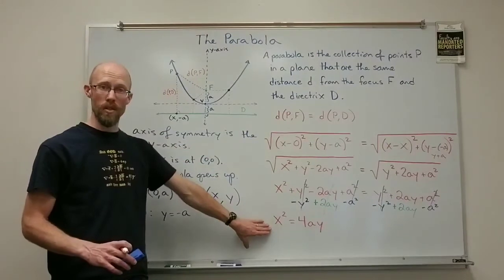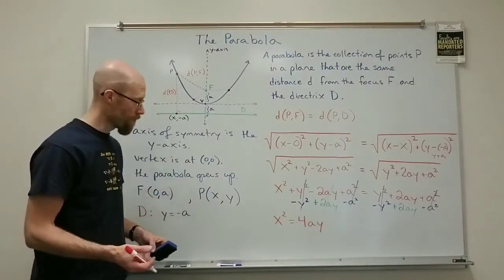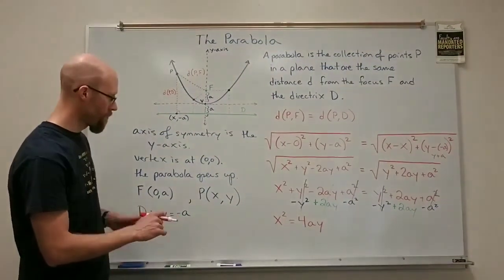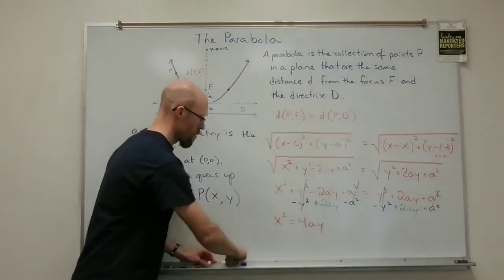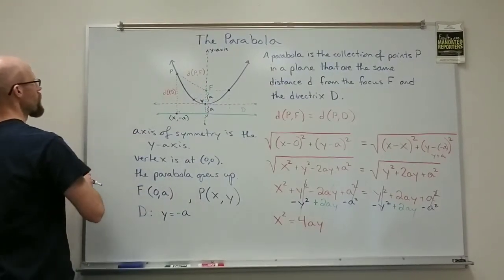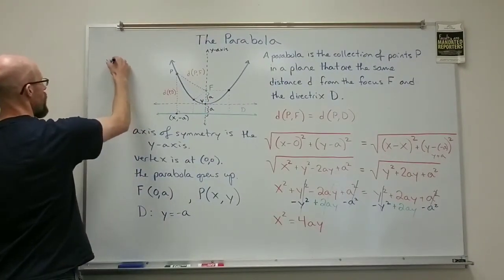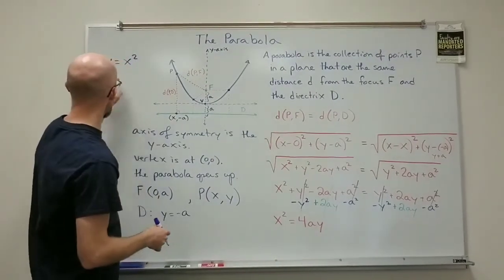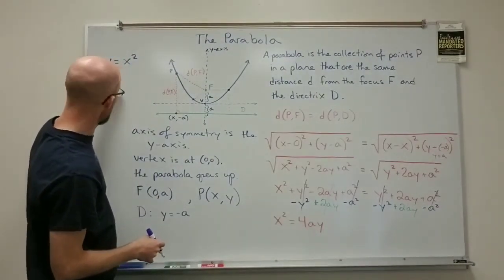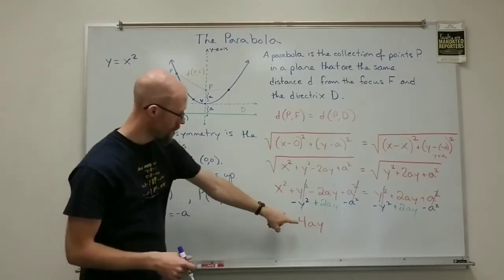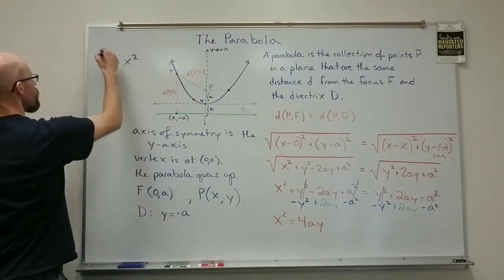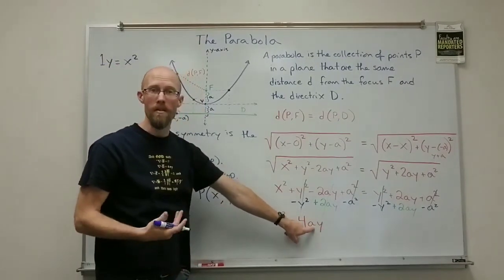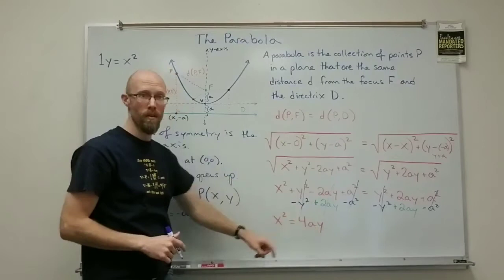Now, we've seen equations like this, and if you'll recall, the equation of our basic parabola is y equals x squared, or f of x equals x squared. Well, what does that mean? That must mean that for that parabola, in order to get a coefficient of 1 on this y, I'd have to have the a value equaling 1/4, right?